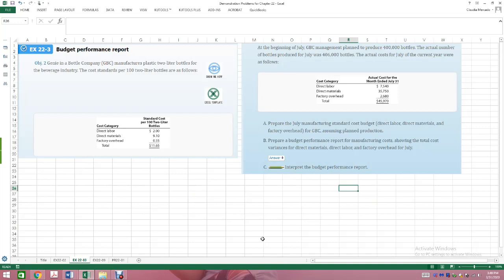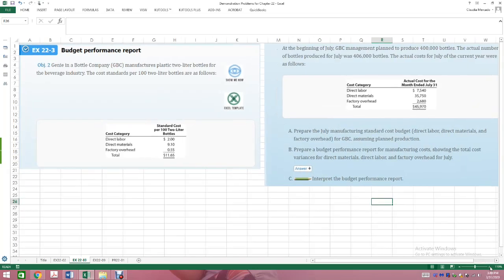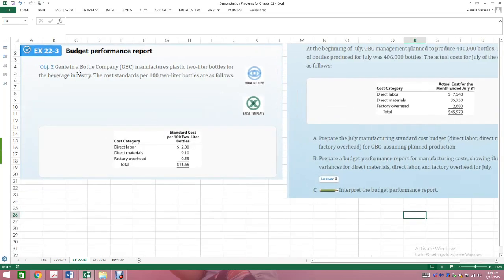Okay, now this was a little bit more complicated. They make it a little bit bigger here just so you can read it, okay? So it says, Genie in a Bottle Company manufactures plastic 2-liter bottles for the beverage industry. Okay, so we make the empty bottles for the Coke, okay? The cost standard per 100 2-liter bottles are as follows.